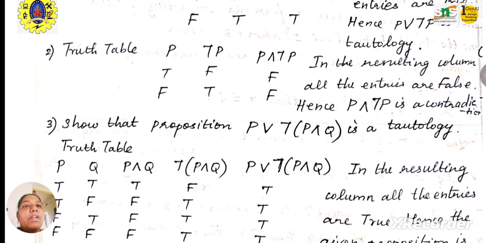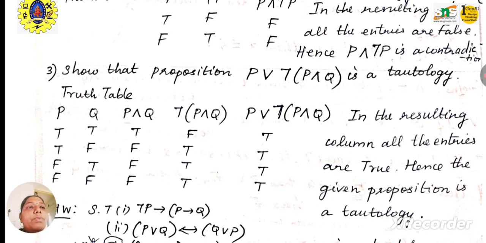The next one is we are going to prove that the given statement p or negation of p and q is a tautology. Let's see whether the given statement is a tautology or not. We find the values for p and q, then the negation of p and q, and the final answer will be a tautology.